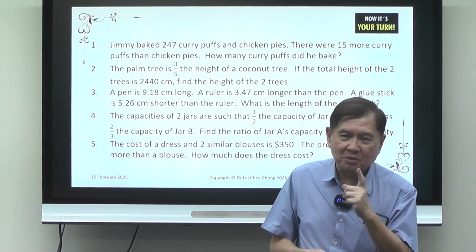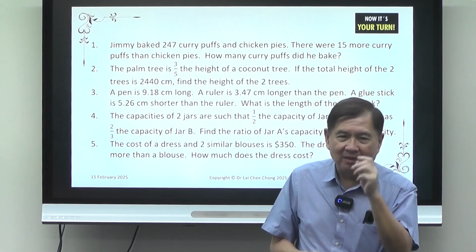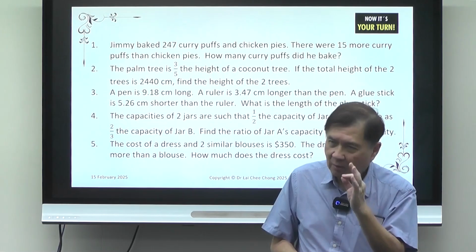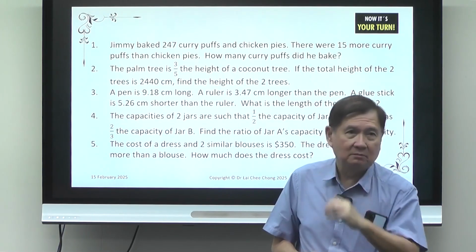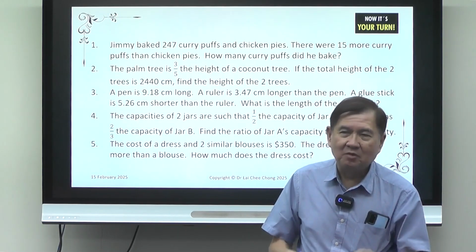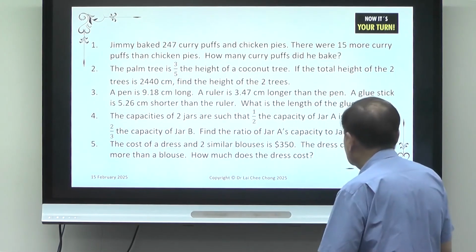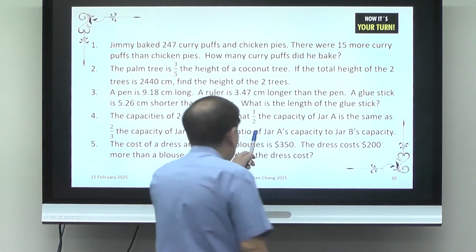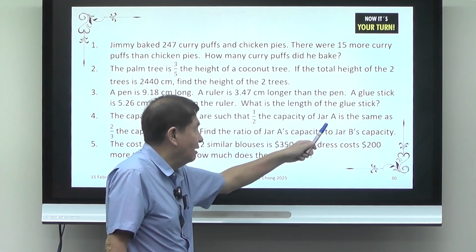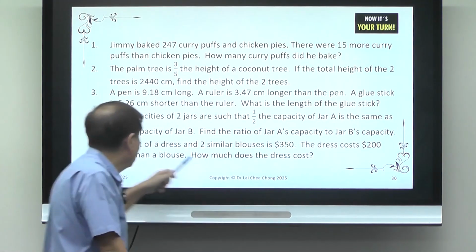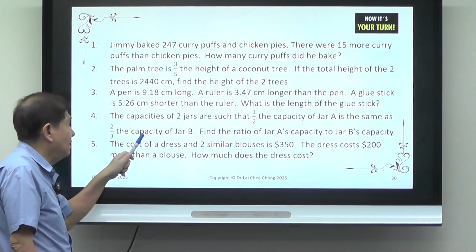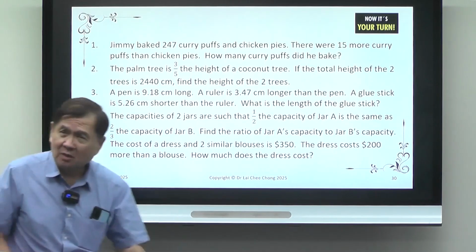You see, the whole question has only one area that gives you the concept of equality, something being equal, between the two jars. The key phrase is this: half the capacity of A is equal to 2/3 the capacity of B. That is the only thing where you get equality.